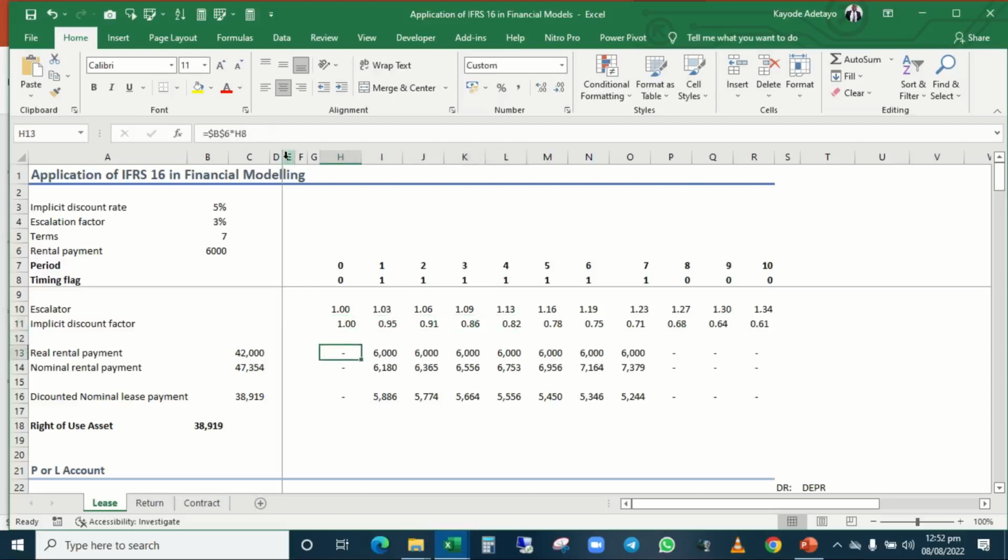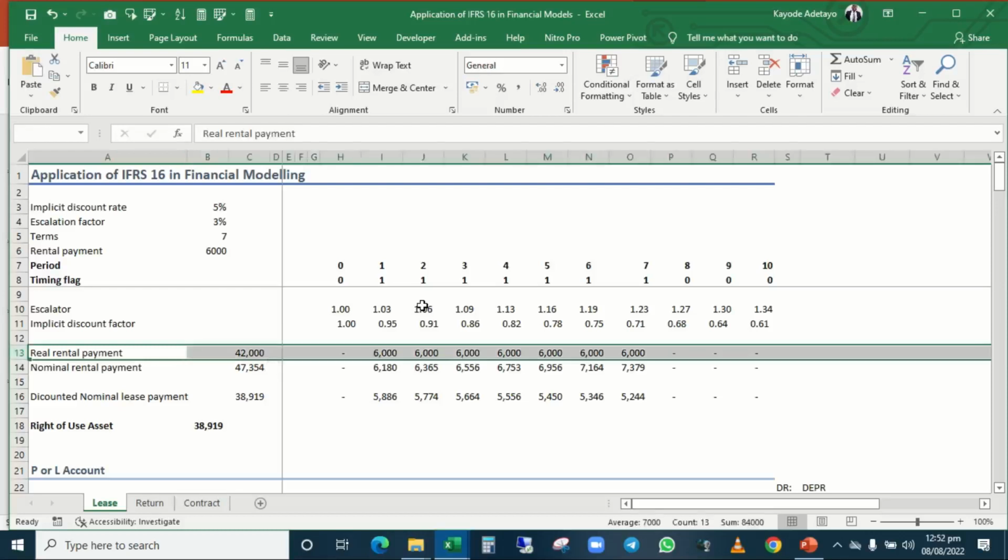Then here we've got the rental payment. What I did here is to multiply the rental payment of 6,000 by the timing flag, so that the 6,000 will only occur in the period of the lease. You can see here. That is what I call the real rental payment that has no effect of inflation.